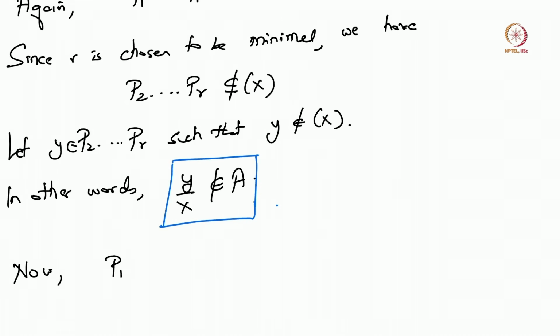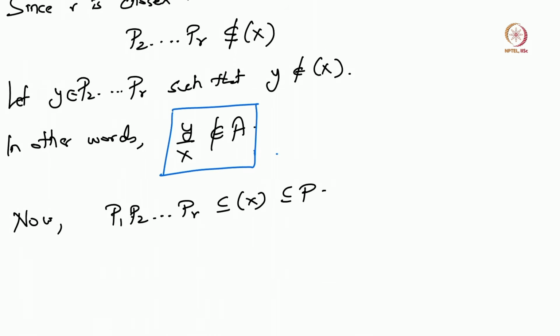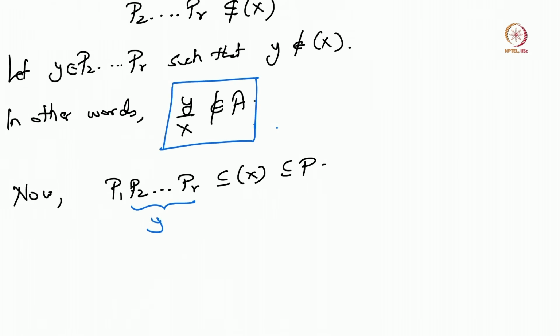We have that P1, P2 up to Pr sits inside x, sits inside P, and we have an element little y that's in P2 up to Pr.